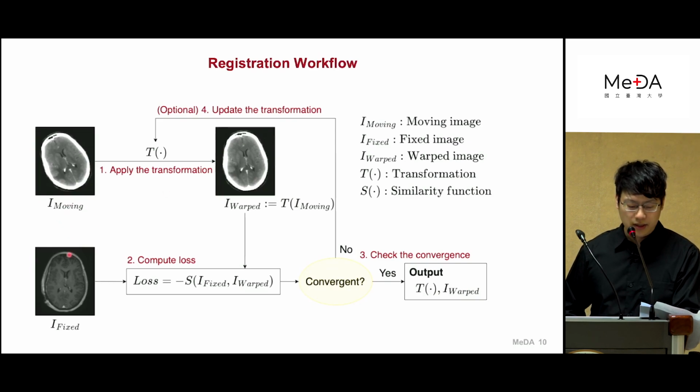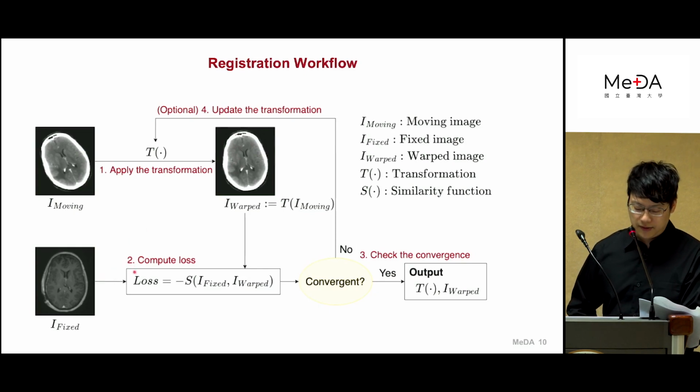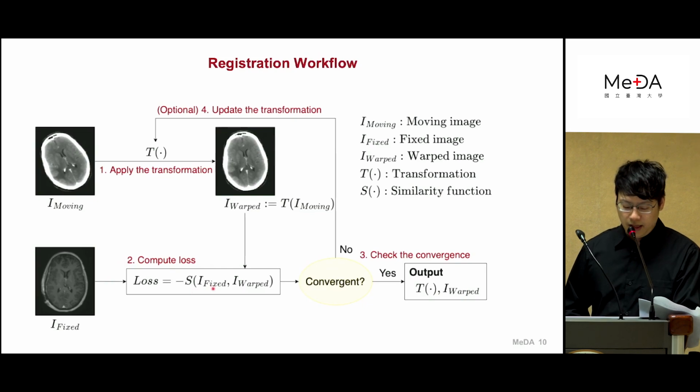Suppose our goal is to align the moving image with the fixed image. In step 1, we apply the transformation T to the moving image, resulting in a warped image. Step 2, compute the loss, which is equivalent to the negative similarity. If the warped image is close to the fixed image, then the similarity is large, leading to a small loss value.